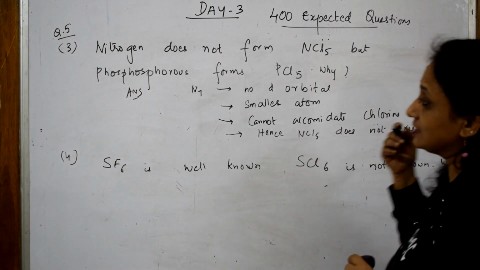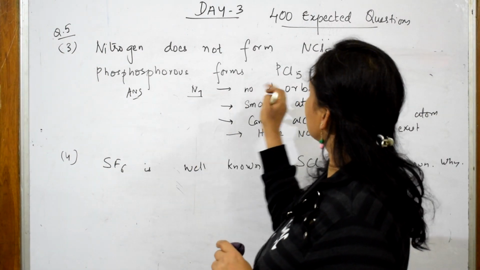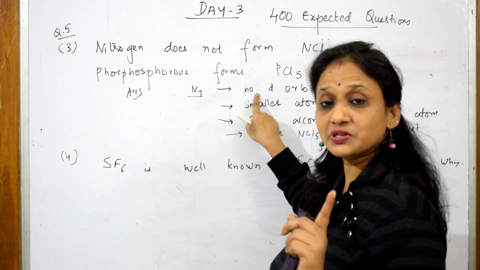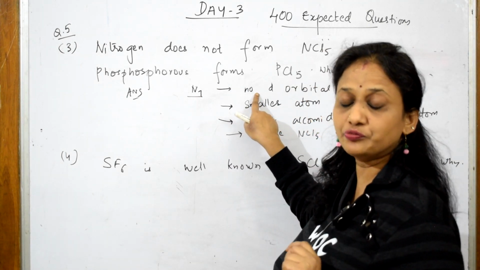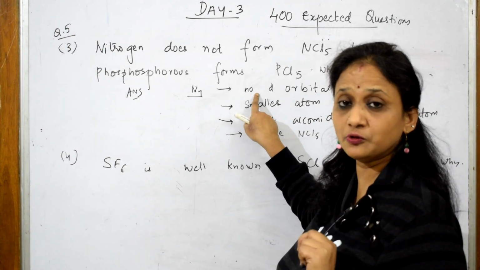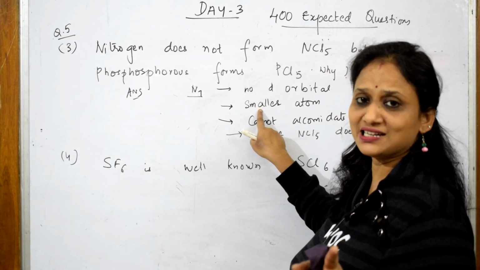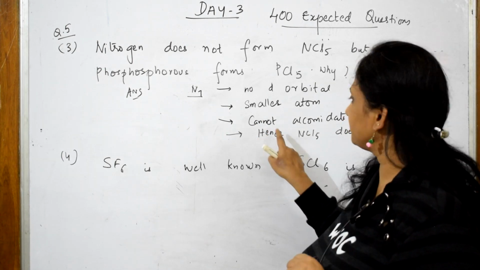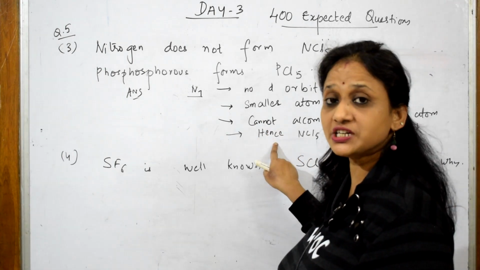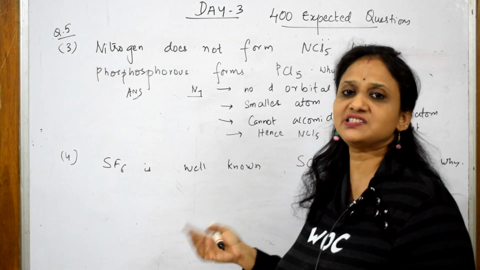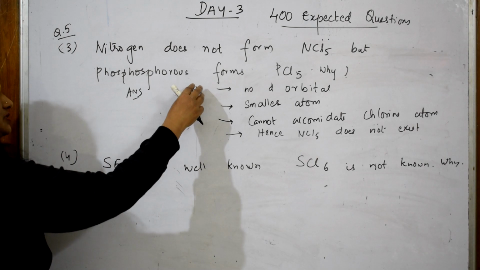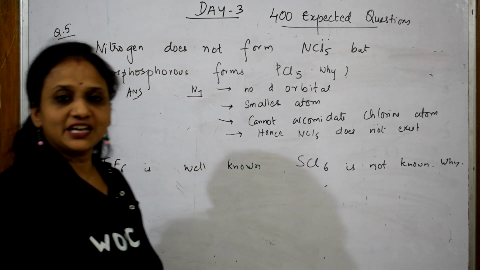Suppose you want to write the reverse, keep phosphorus here and write down: because of the presence of d orbitals, group 15, larger sized atom can accommodate chlorine, it can show more oxidation states, hence PCl5 exists. You need to write for both, your wish. If you write for this also, you can get marks.